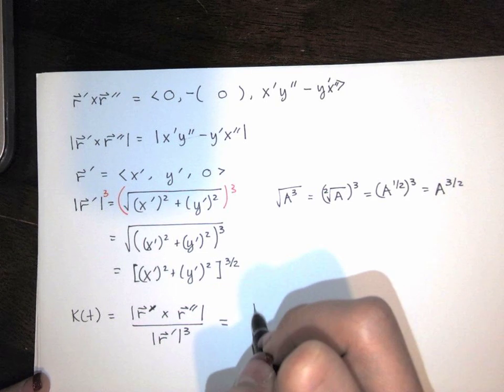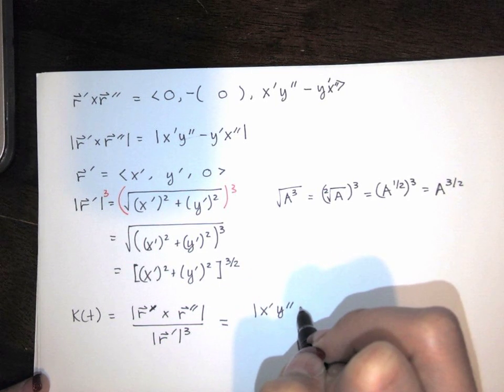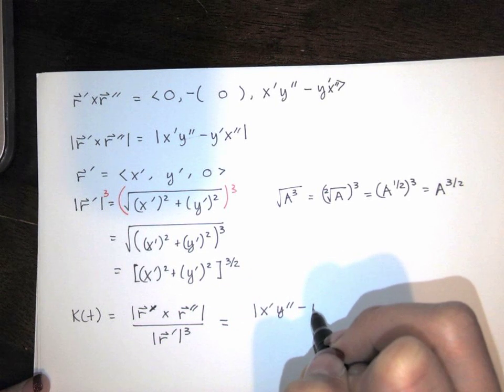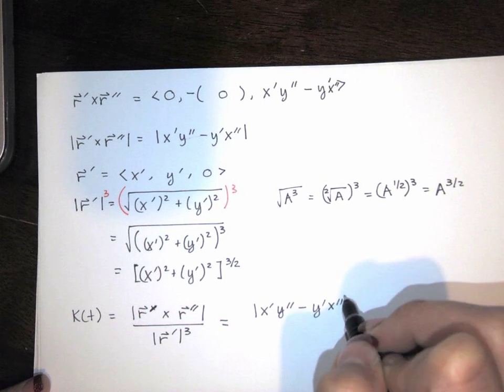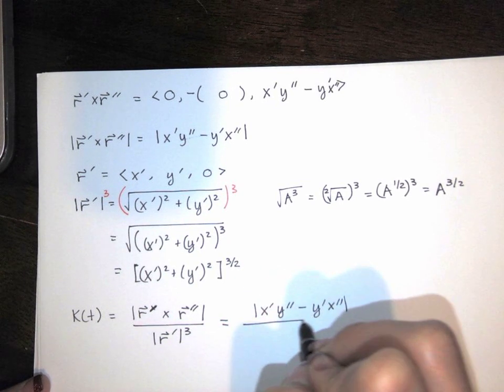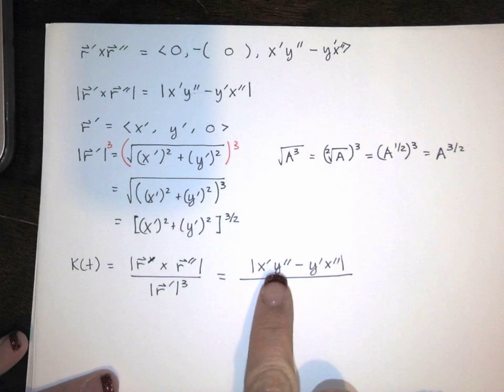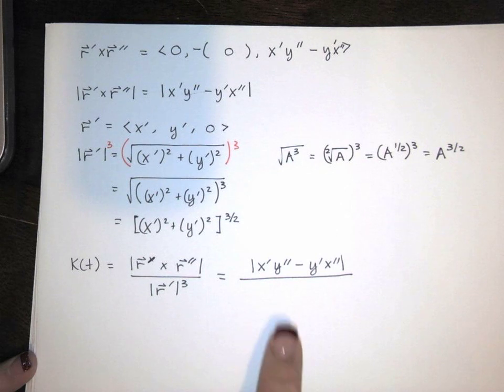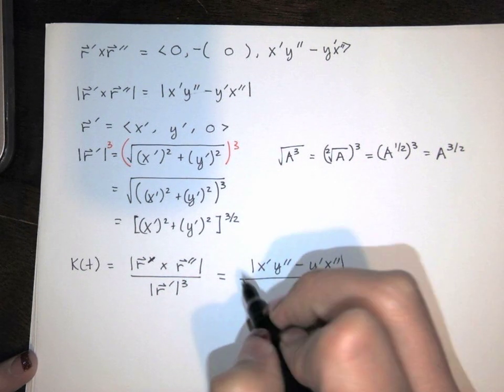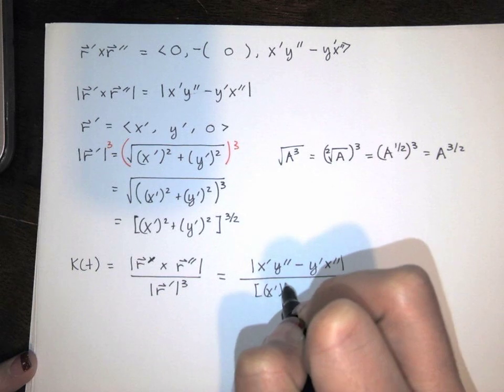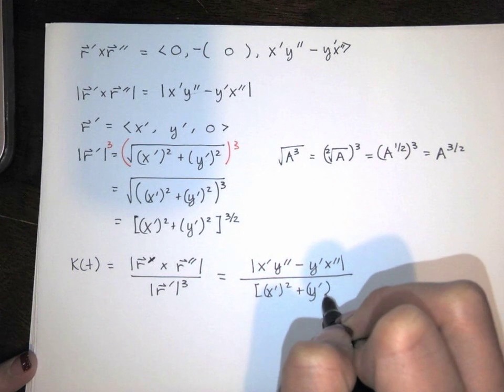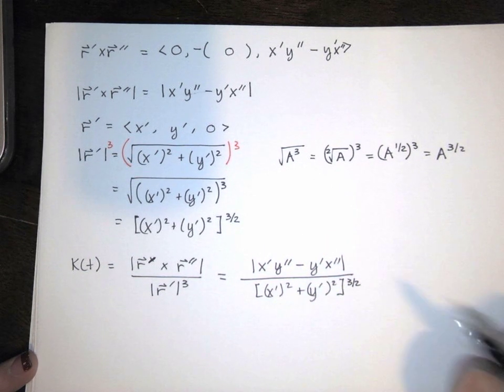This numerator simplifies to x prime y double prime minus y prime x double prime. Of course, you could put those in a different order because multiplication is commutative. You need to subtract in this order, though. You could just flip these if you wanted, or flip those if you wanted. And then this denominator is this, x prime squared plus y prime squared, and you raise all of that to the 3/2 power.